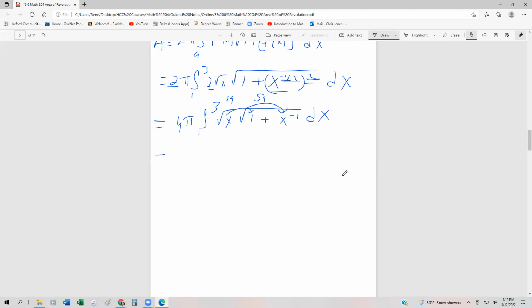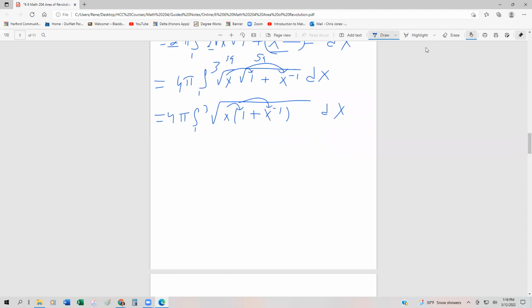And so this is going to wind up being 4 pi integral from 1 to 3 of the square root of x times 1 plus x to the minus 1, dx. Or if we distribute through nicely, this is going to be 4 pi integral from 1 to 3 of the square root of x plus 1, dx.